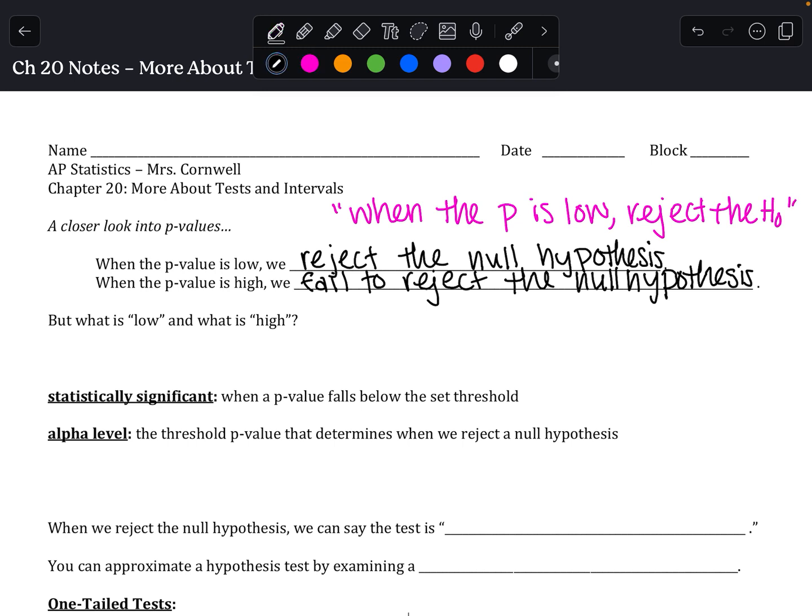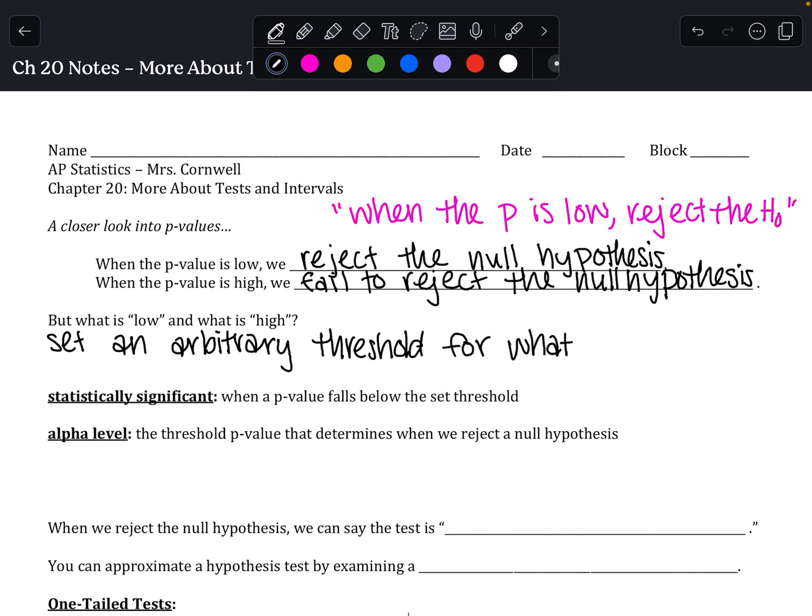But what does it mean for the p-value to be low or high, right? You all like to have a set number to be able to compare to because you don't like when I make a guess. So we're going to set an arbitrary threshold for what p-value you would consider to be rare.